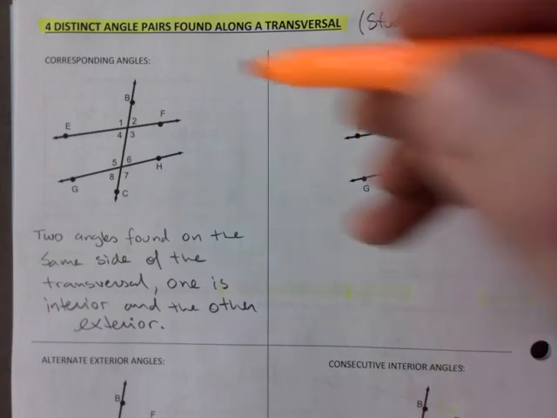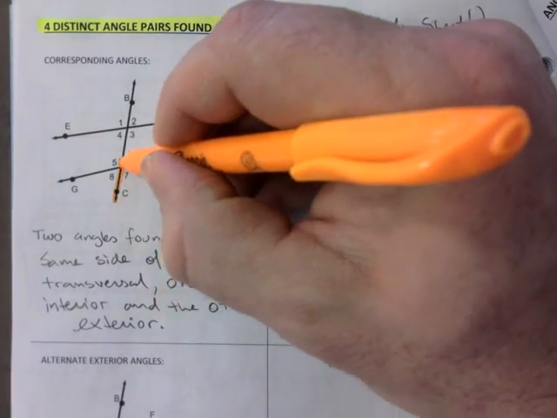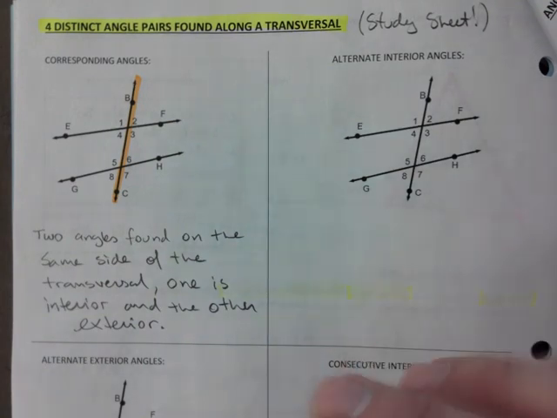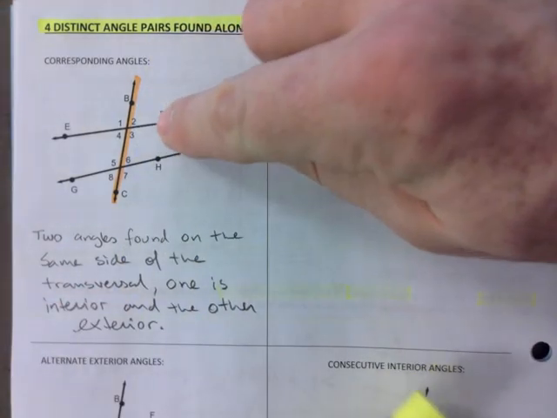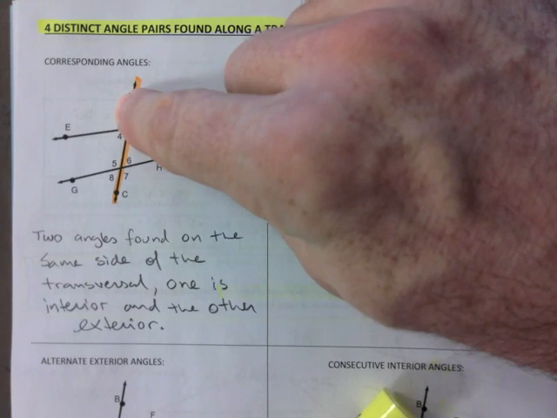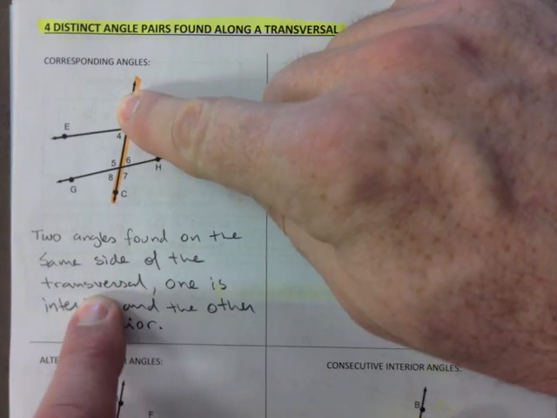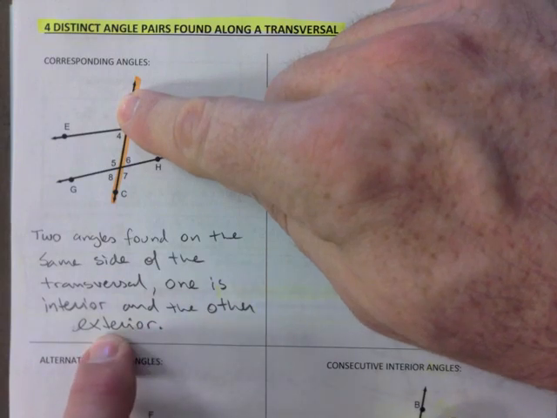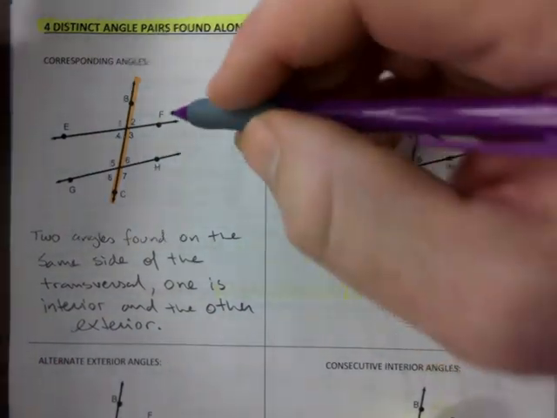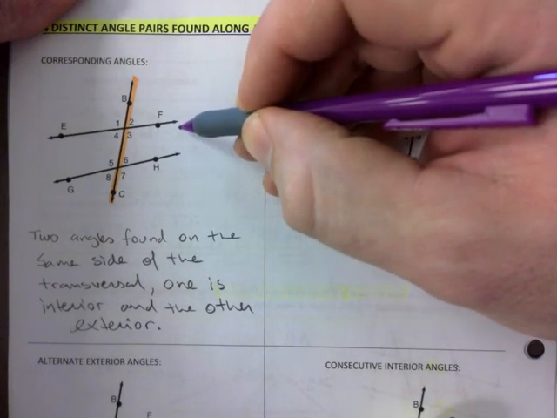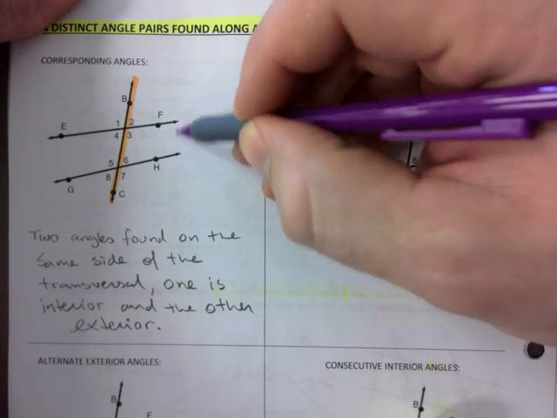Let's highlight our transversal. In this case, I just have one transversal. To find corresponding angles, you have to stay on either side of the transversal. So let's say we stay on the left side, because they're found on the same side of the transversal. One is interior, the other one is exterior. What in the world is that? Consider these two lines. You're making a sandwich, and these are the buns, right?